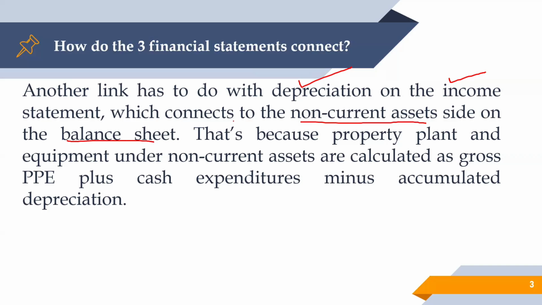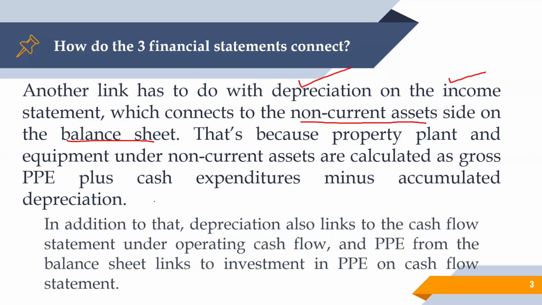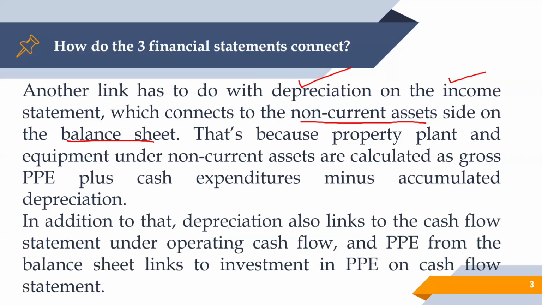So the depreciation is parked in the P&L, second in the non-current assets, and third, depreciation is also linked to the cash flow statement under operating cash flow. And PPE from the balance sheet links to investment in PPE on the cash flow statement. So you have to give such kinds of scenarios.